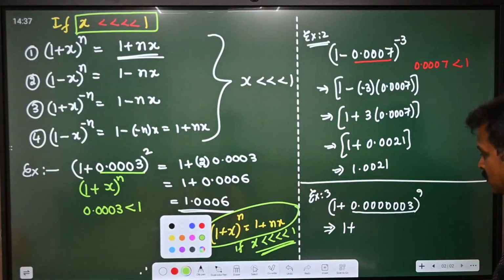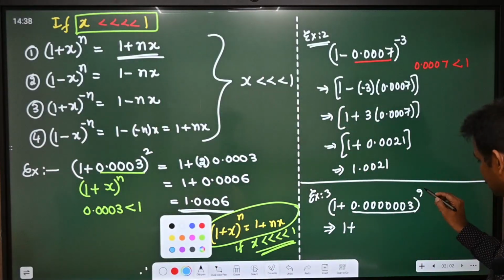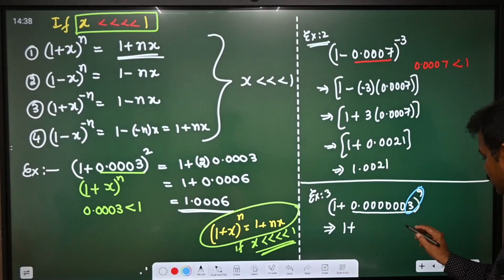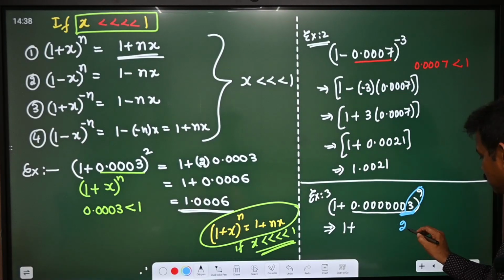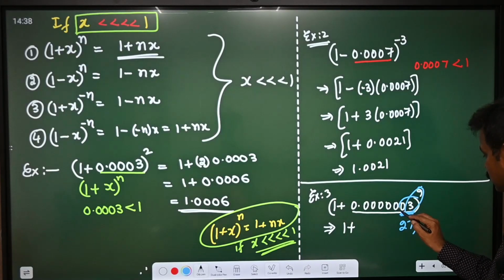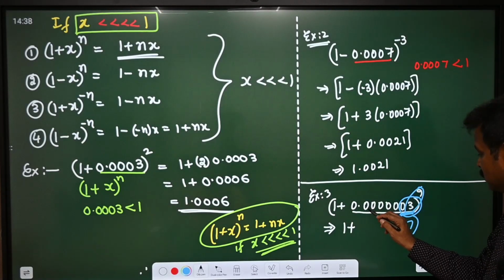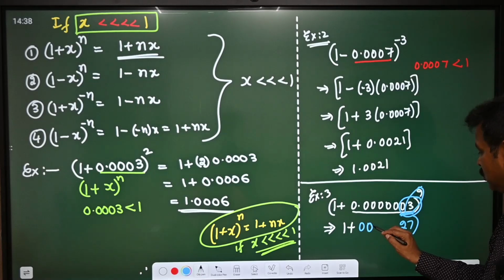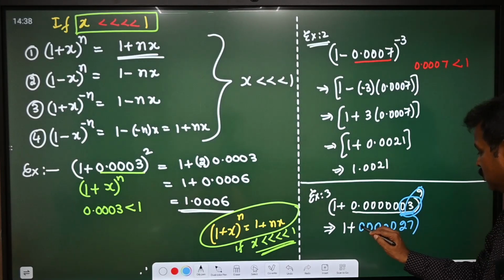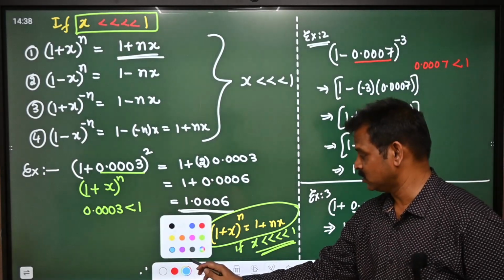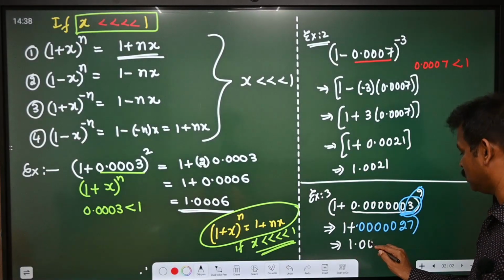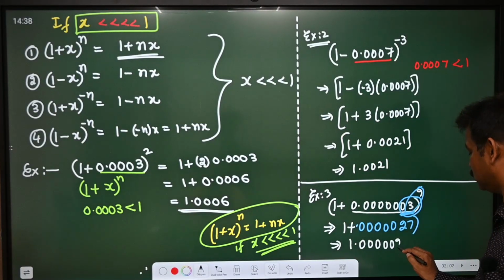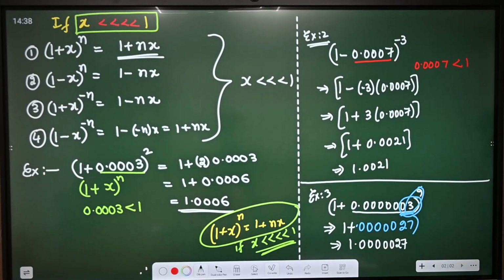When we are multiplying this 9 with 3, 9 threes are 27. So you have to write 27 in place of the last 2 digits. So these 2 digits are over. The remaining terms are 0, 0, 0, 0, 0. So the answer for this one will become 1.00000027.